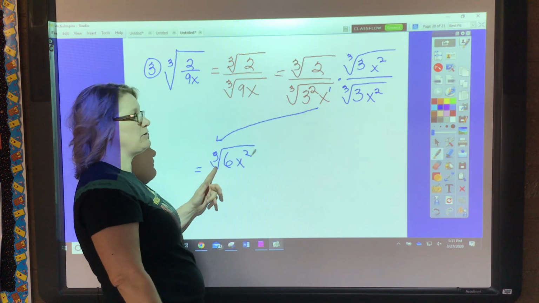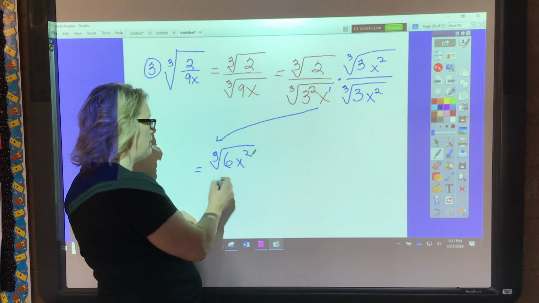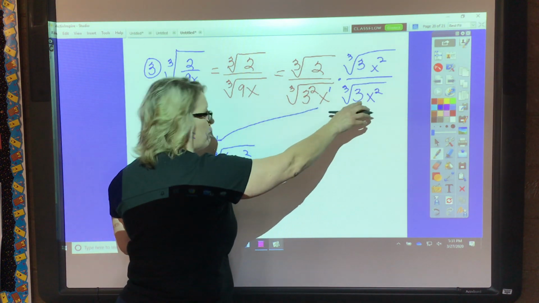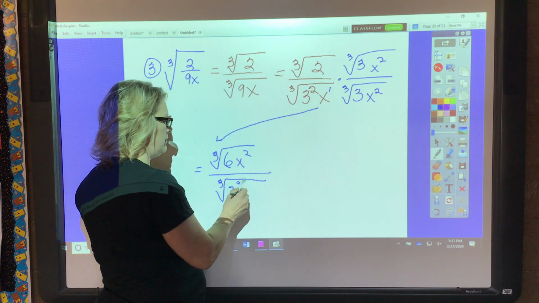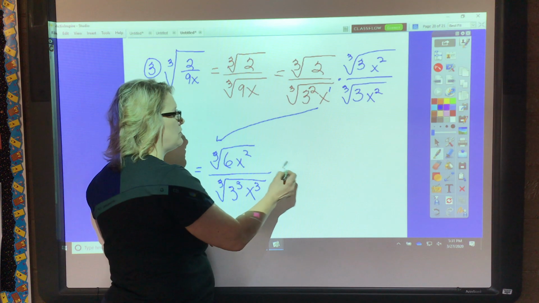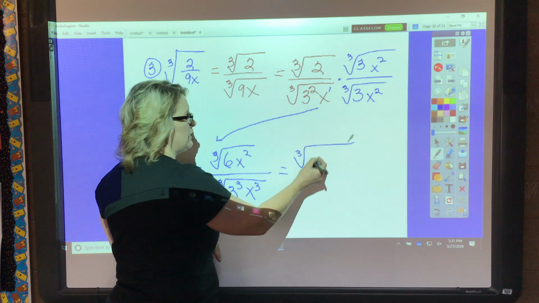Okay, I apologize for my horrible root symbol, my index, you'll forgive me. And on the bottom, I have the cube root of 3 cubed and x cubed. So when I look at my final answer, my numerator stays the same.